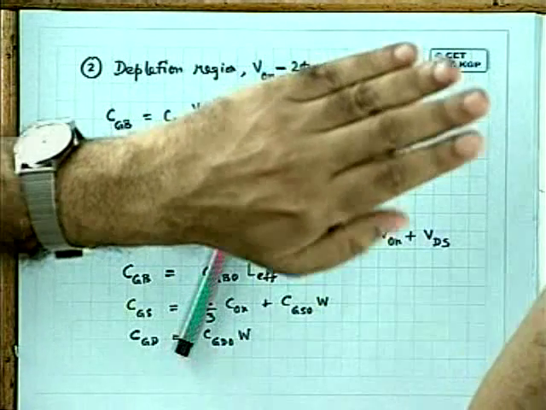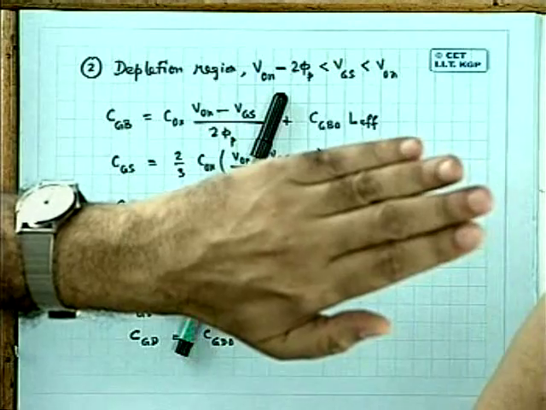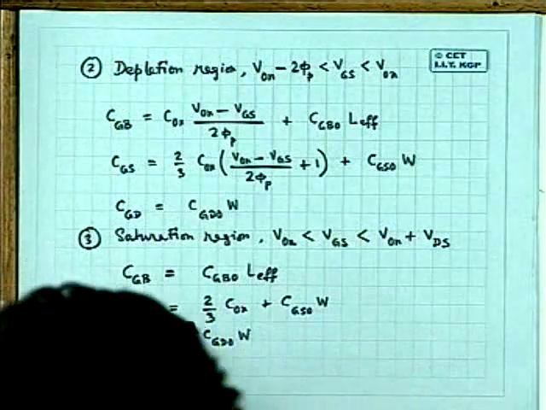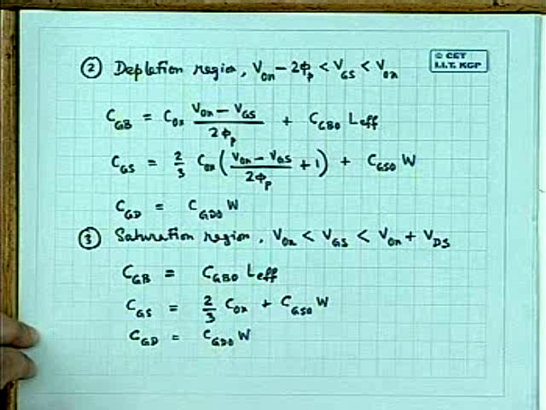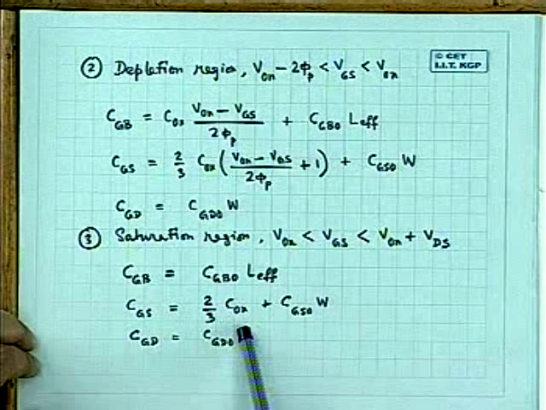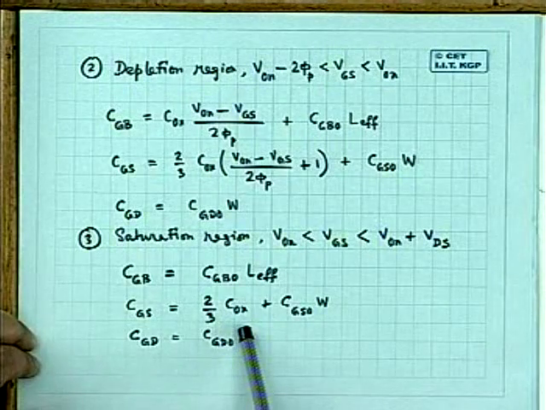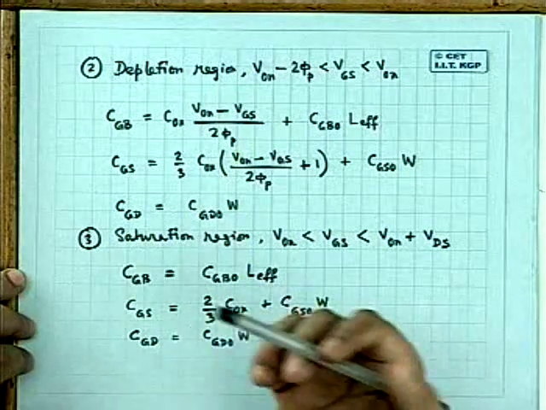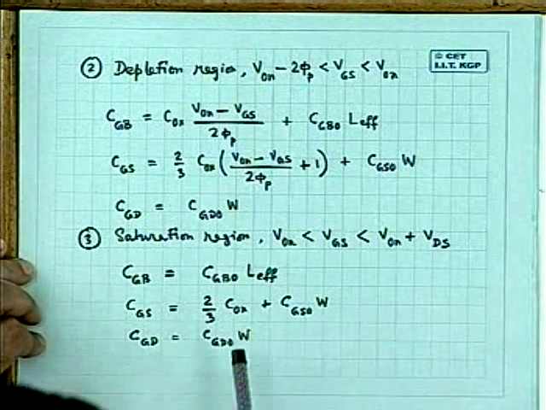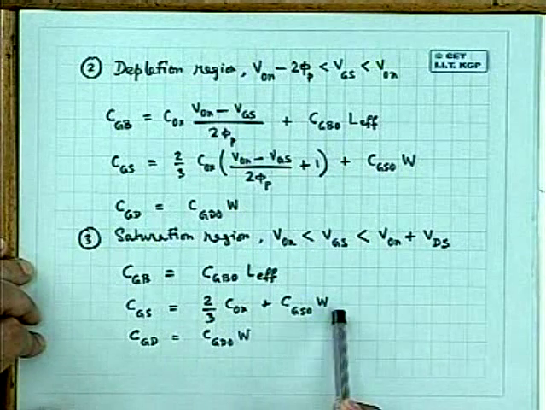But at the drain end there is a pinch off because it is saturation. So that capacitance should actually be COX, but it will be a little bit less than COX, and they have approximated it as 2/3 of COX, not COX. There are some mathematical derivations behind this, but anyway, this is how they approximate it, plus CGS OW.